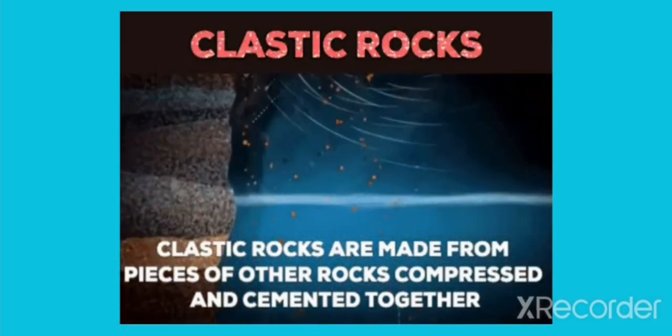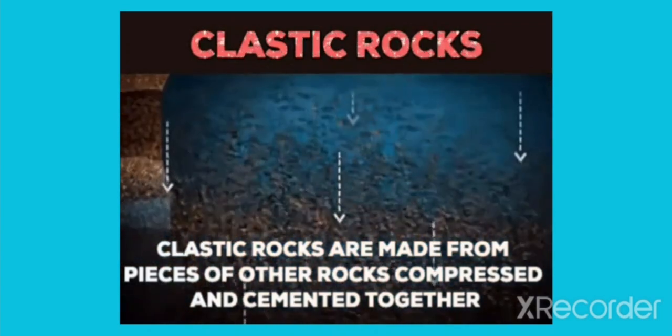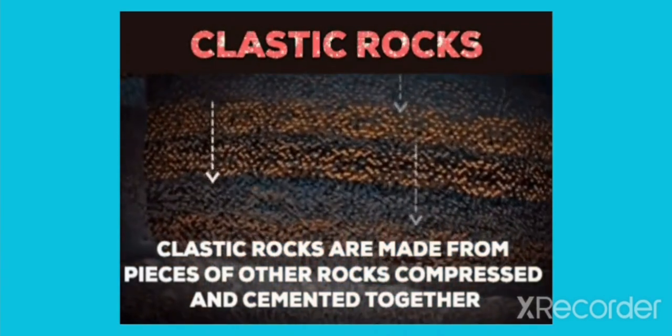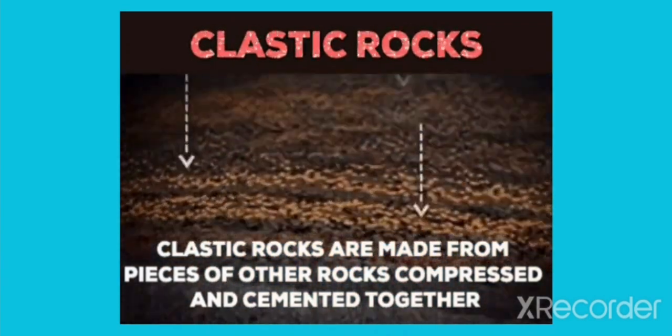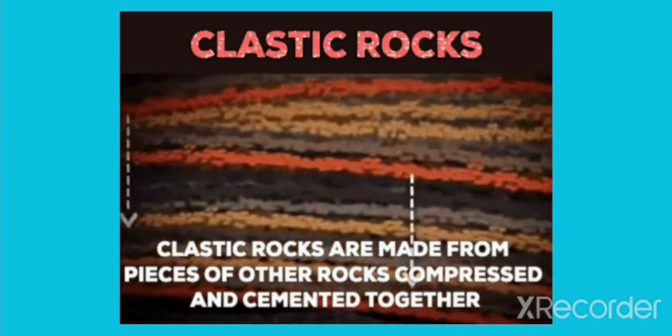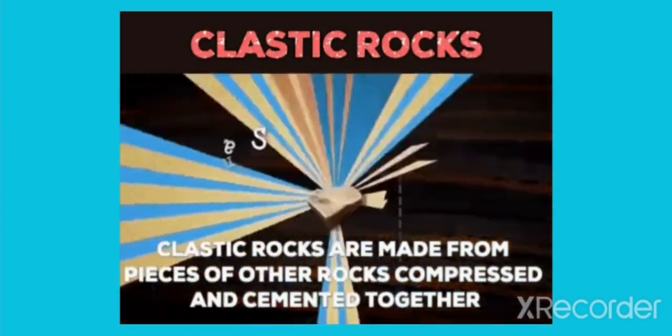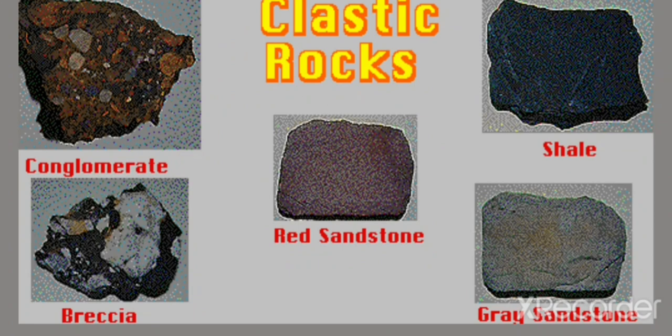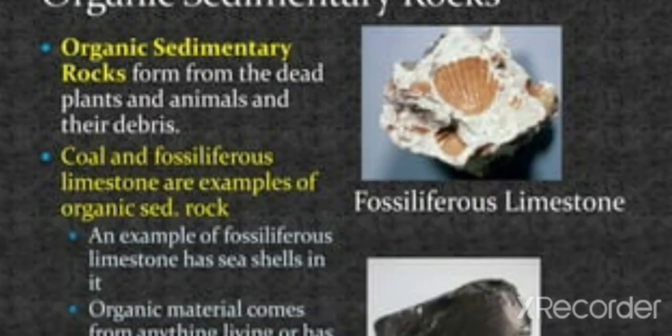So these clastic sedimentary rock are particles of other rocks. When they come together and get pressed or compressed and cemented, they form a new rock known as clastic sedimentary rock. They usually have layers. Examples: conglomerate, breccia, shale, sandstone. These are some of the examples of clastic sedimentary rock.